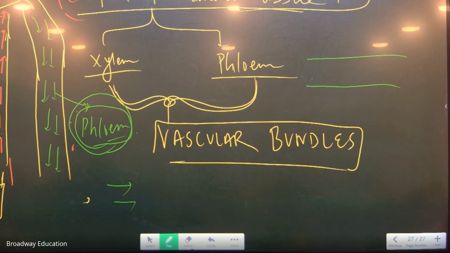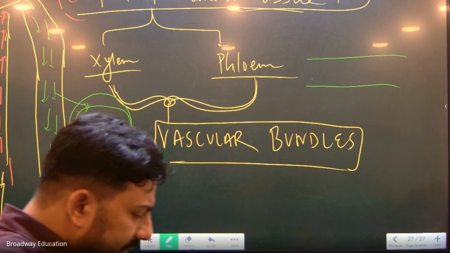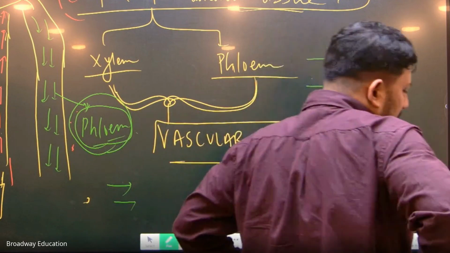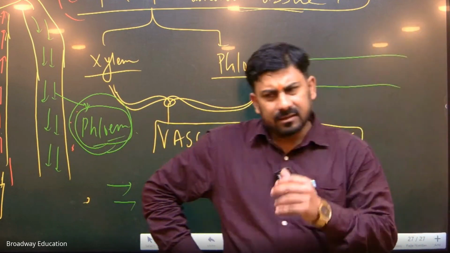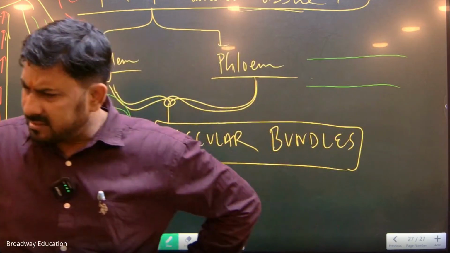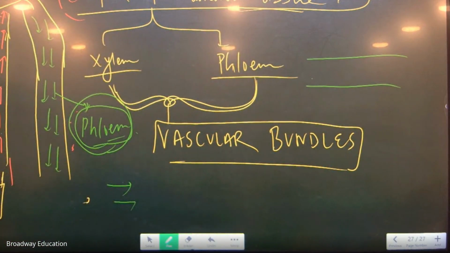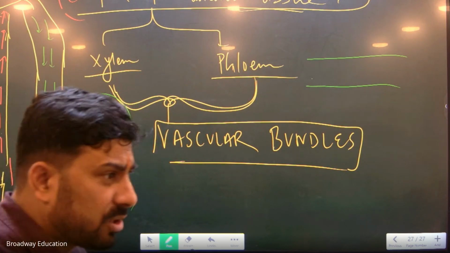Please write it down. The dead xylem is called the heartwood, located at the center of the stem.